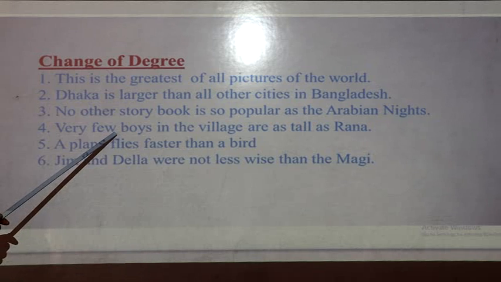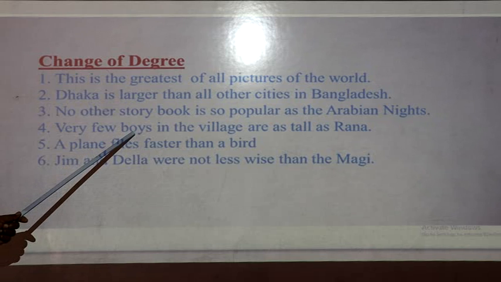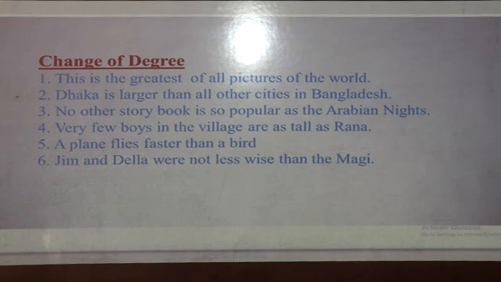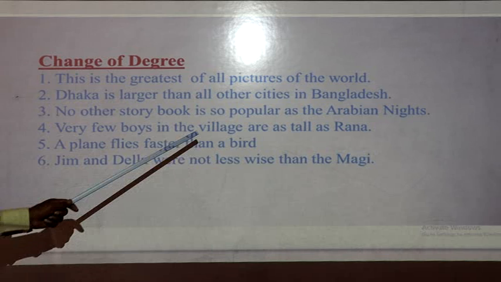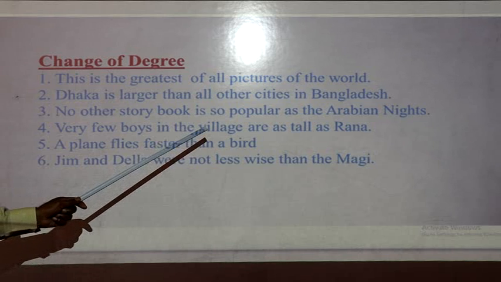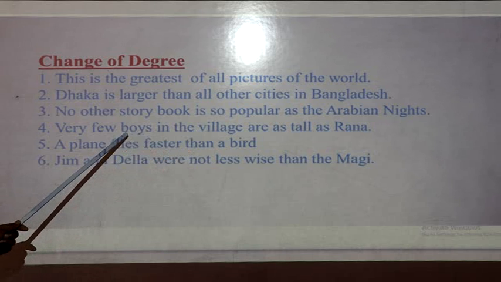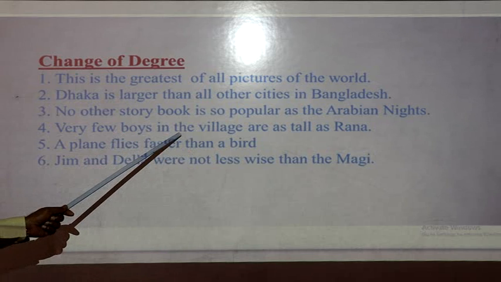Rana is one of the tallest boys in the village. So the sentence is: Rana is one of the tallest boys in the village.